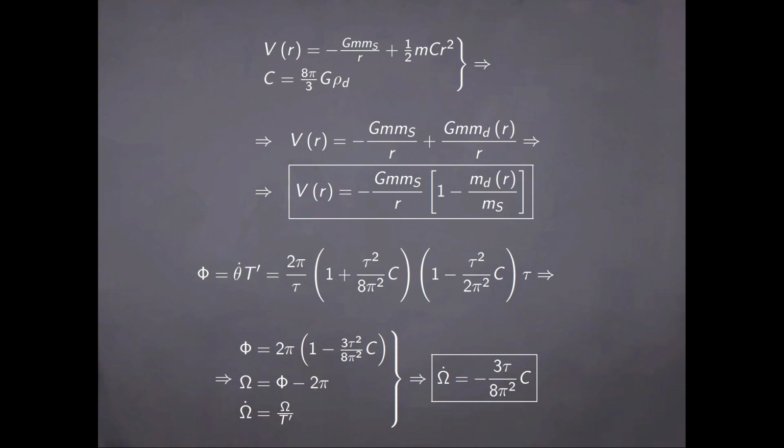And then we can find the angle omega as phi minus 2 pi, and its rate of change is simply its value divided by t prime. So the result is the one given here. So the rate of precession of the ellipse is the quantity here, and with it being negative, it would imply that the precession is undergoing a clockwise rotation.